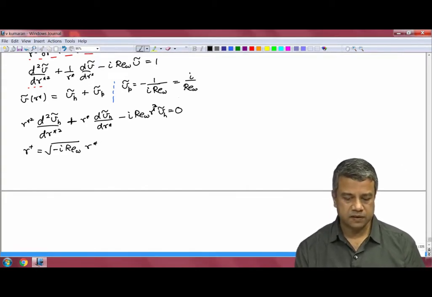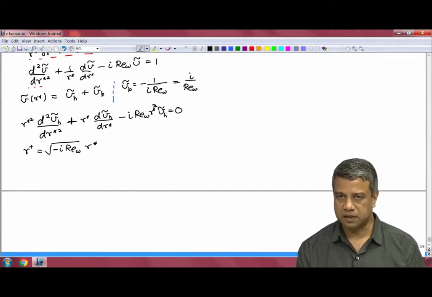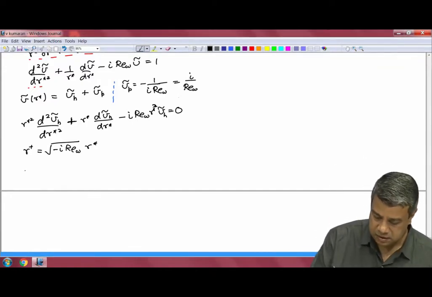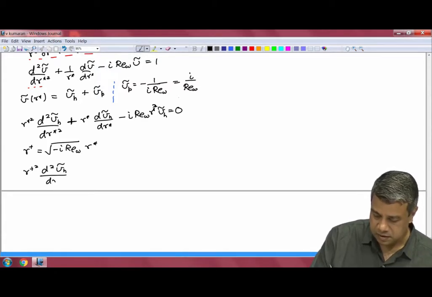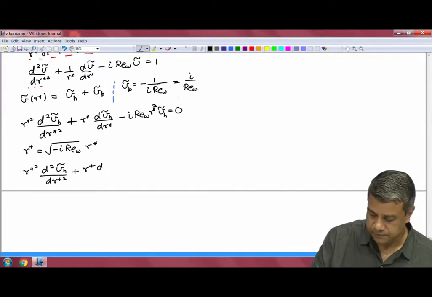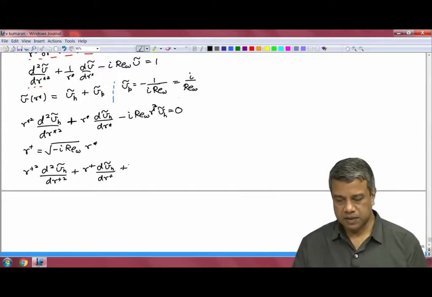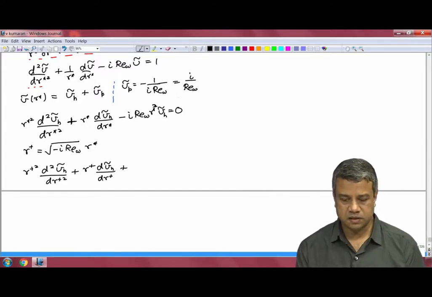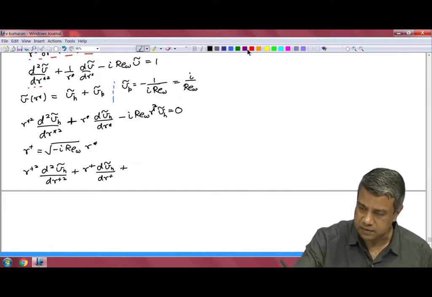And if I do this redefinition, then the first two terms on the left do not change because they have 0 net dimension in r. So, I will get r plus square d square v homogeneous by dr plus square plus r plus d v homogeneous by dr plus, minus I r omega r star square is equal to r plus square from this equation.